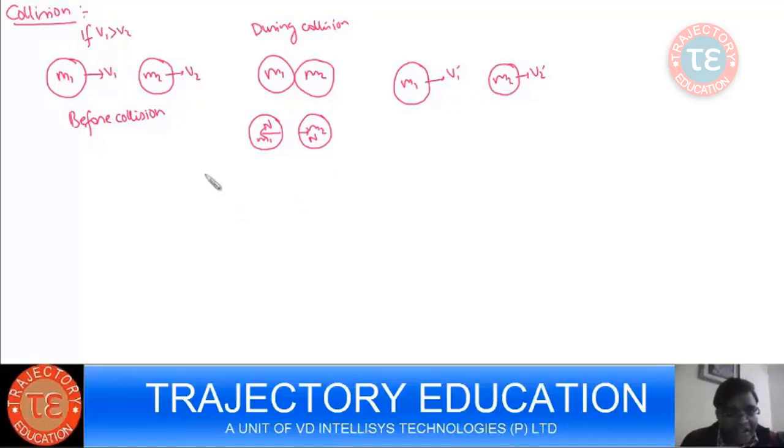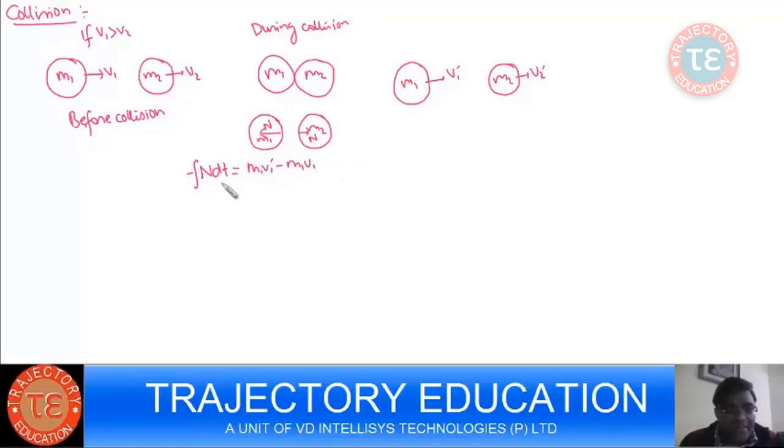If this impulsive force acts for a very small time, then in this small time, N dt, N is towards left, so I write minus N dt. If I take the left direction as negative and the right direction as positive, then minus N dt equals m1 v1 dash minus m1 v1.